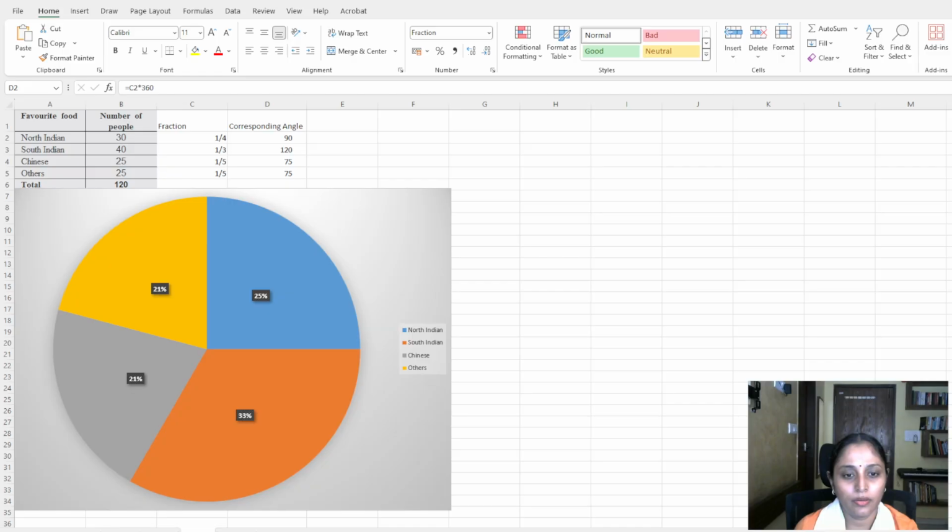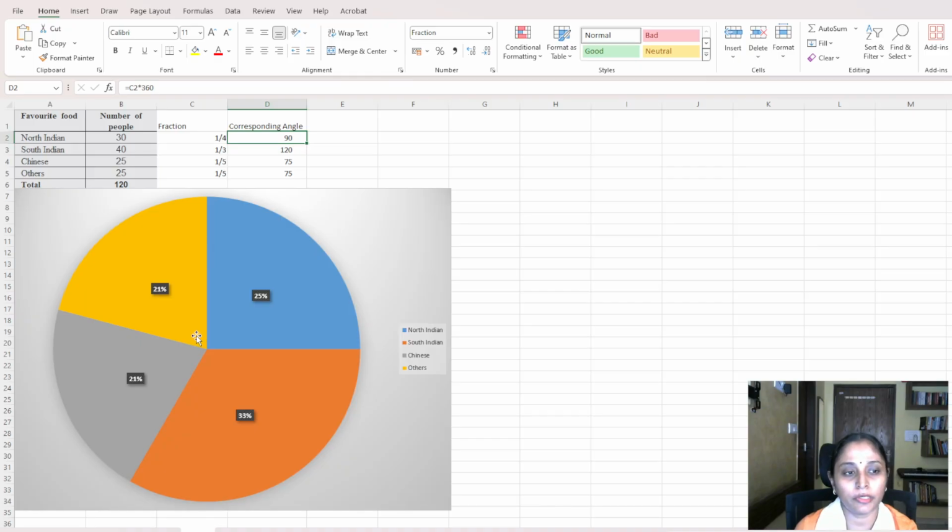What I have done is we have taken the given data, and then we found out the fraction, and then we found out the corresponding angle, right? And from that we will be drawing this. First we'll draw the circle and then take 90 degrees for North Indian, and then 120 degrees for South Indian, 75 degrees for Chinese, and 75 degrees for others.